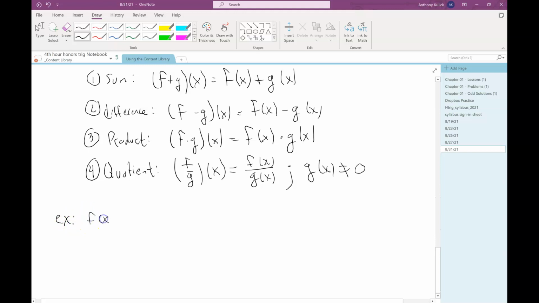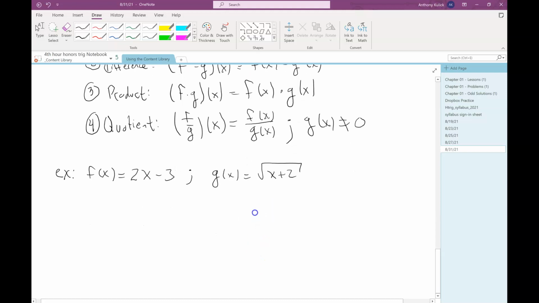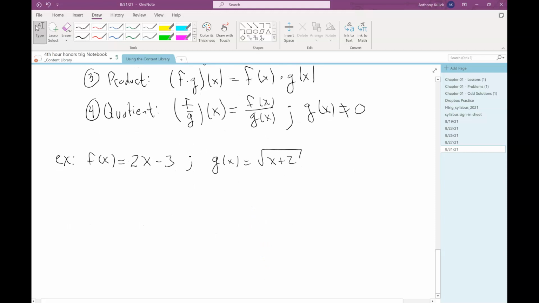So let's do a couple of examples. Let's say f(x) is 2x minus 3, and g(x) is square root of x plus 2.